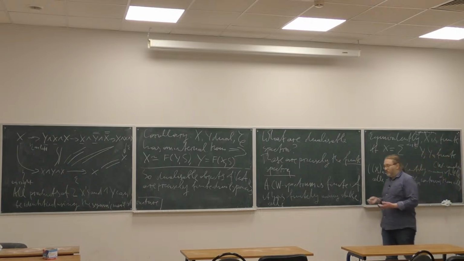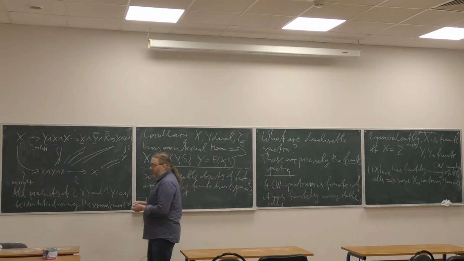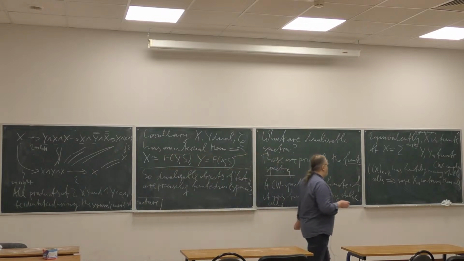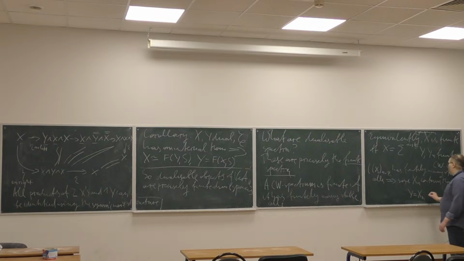Then each of those will be in some Xn for some n, and we could take Y equal Xn and k equal, well, plus or minus n.